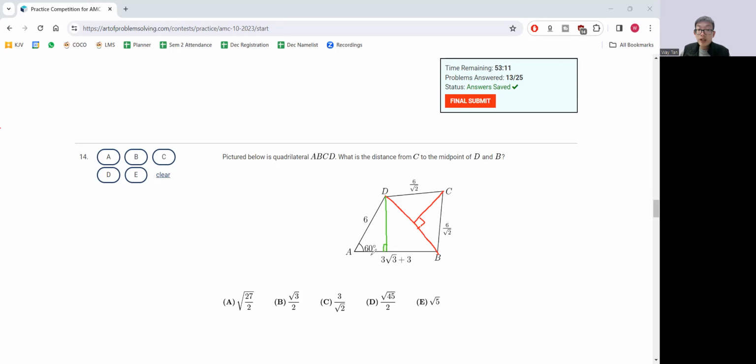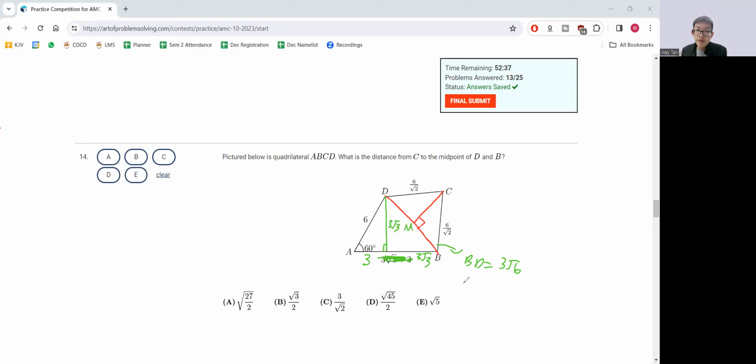So the ratios are 1 is to root 3 is to 2, which means that this is 3, this is 3 root 3, and this is also therefore going to be 3 root 3. That's nice because it means that this length here, by Pythagoras, will be root 2 times this, which is 3 root 6.